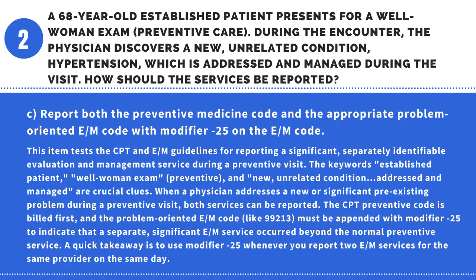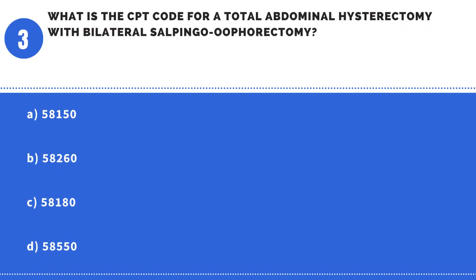The CPT preventive code is billed first, and the problem-oriented E/M code, like 99213, must be appended with modifier -25 to indicate that a separate, significant E/M service occurred beyond the normal preventive service. A quick takeaway is to use modifier -25 whenever you report two E/M services for the same provider on the same day.